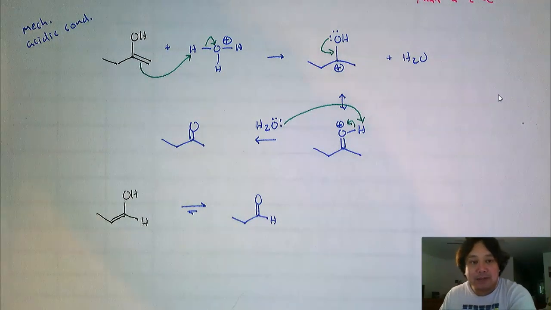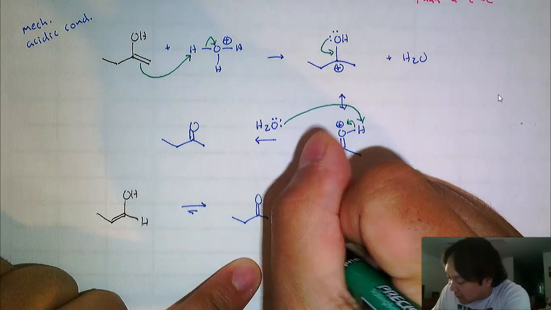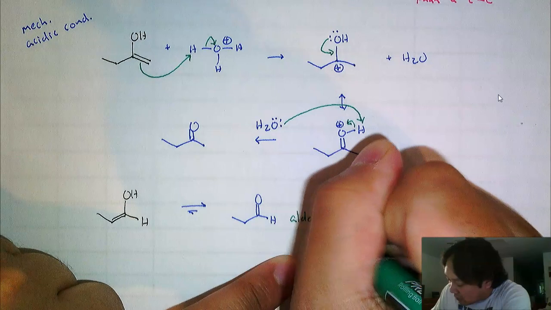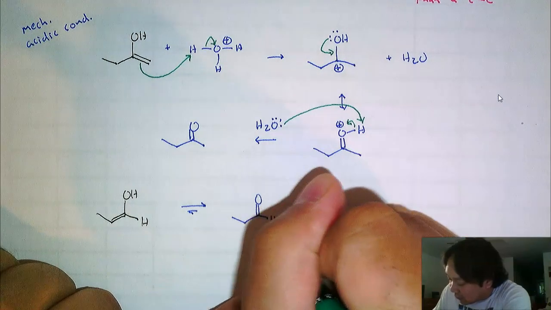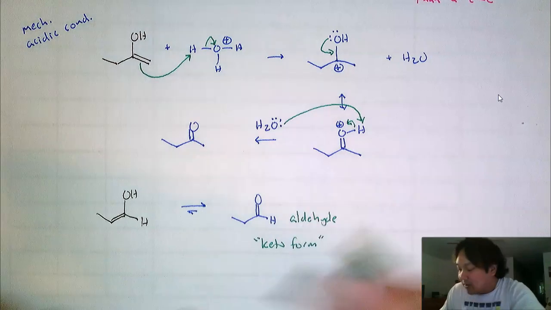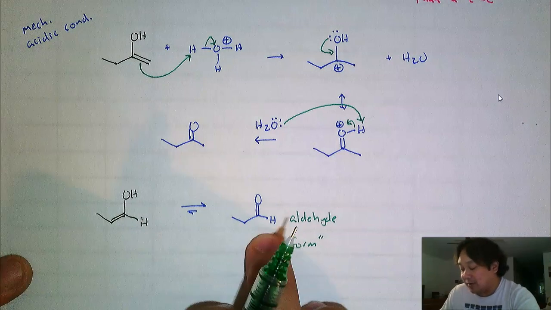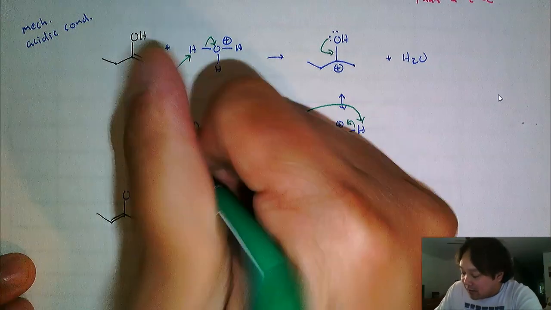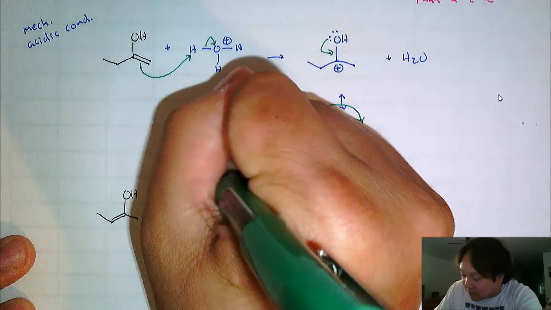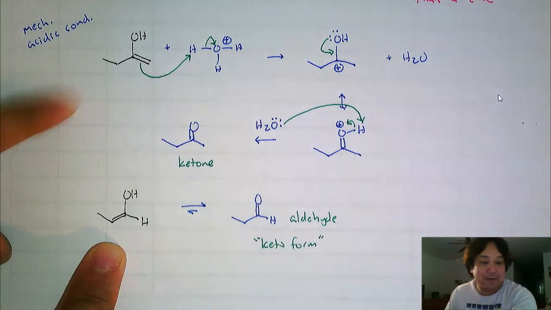So it seems like if you're up on your classes of molecules, we could get also the aldehyde. But again, this is called the keto form. Okay, it's just the carbon-oxygen double bond. But the actual molecule is an aldehyde because you know that this is an aldehyde, and this is technically a ketone. But you could get either one depending on what your enol looks like. Alright?